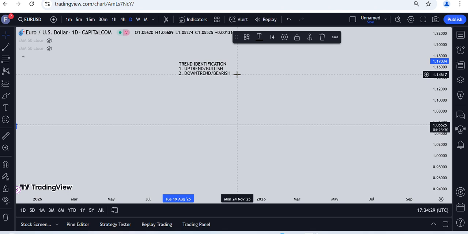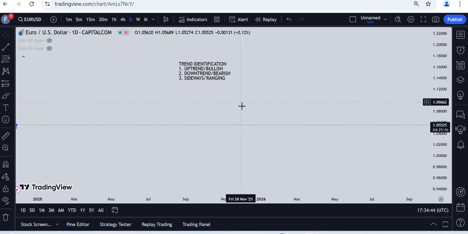And then number three, we have the sideways movement. Sideways, or you call it ranging market. Okay. So I'm going to give you guys examples of all of this so that we can understand and know how we can spot out the trend of the market.